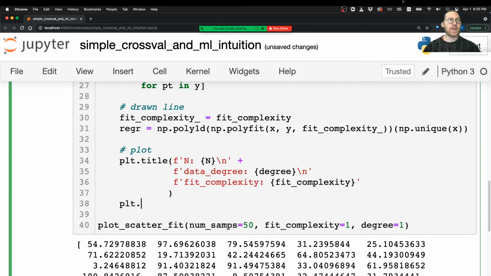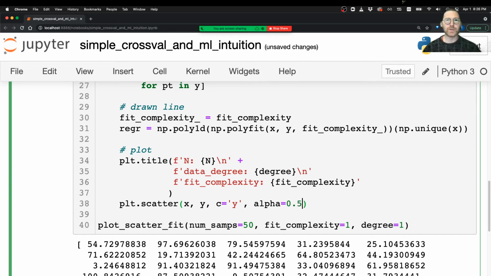All right, and then I'm simply going to make a scatter plot of the x and y values. I'm going to set a color, and I'm going to set this value alpha, which is just the transparency of the color.